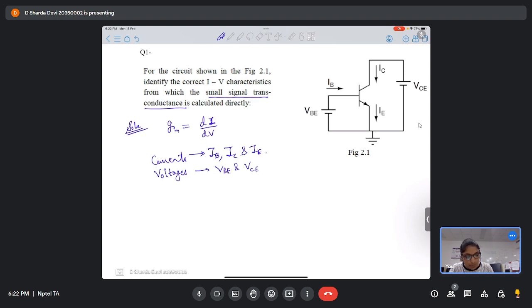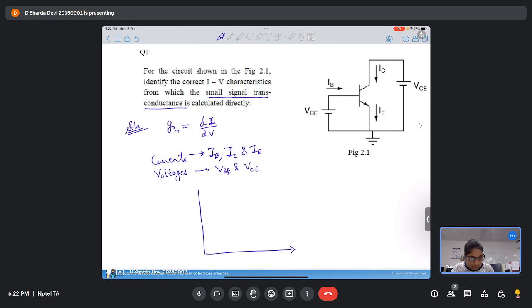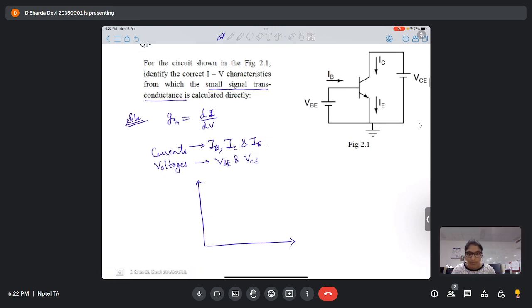Now when you want to find transconductance from a characteristics, what is the combination that you will use, which current and which voltage to draw your IV? IC and VBE. So where will IC come and where will VBE come?